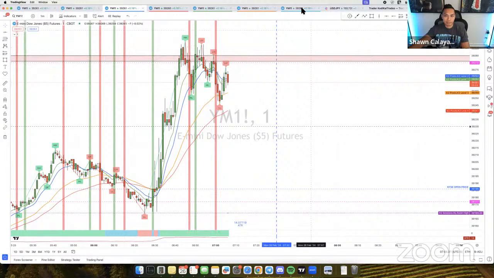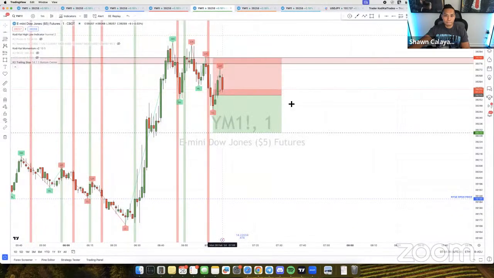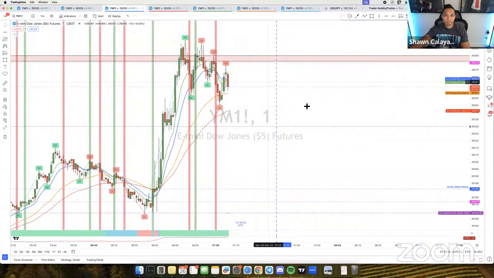Looks like price is attempting to shift back down, but it's not really having the best luck at this very moment. All right, so we're coming back down right here. But again, there's no other entries here. I was hoping to see another V1 pattern somewhere around this area, but I don't see anything.